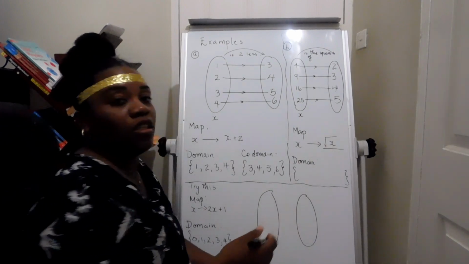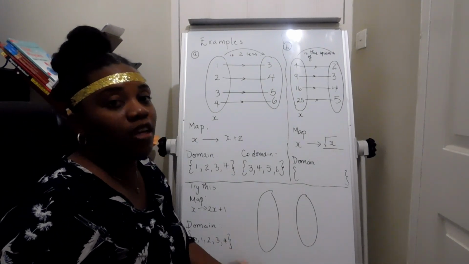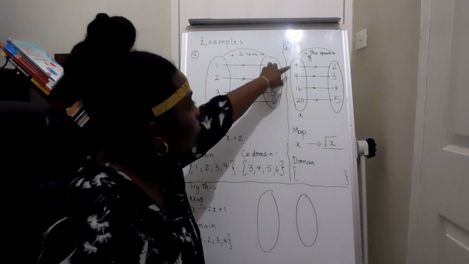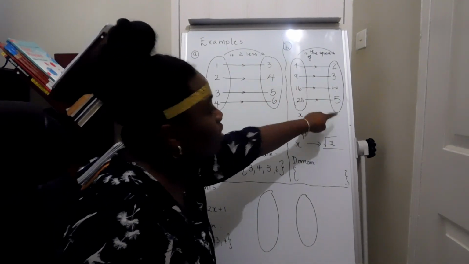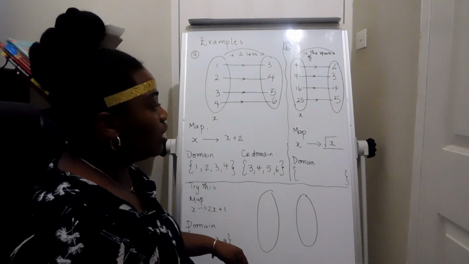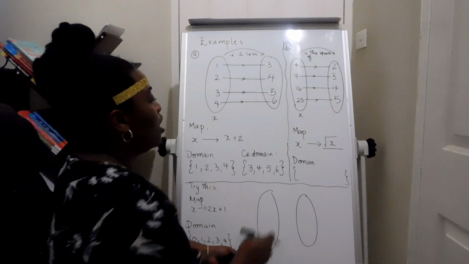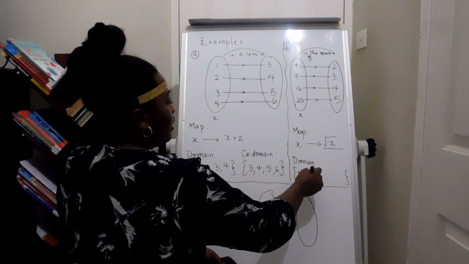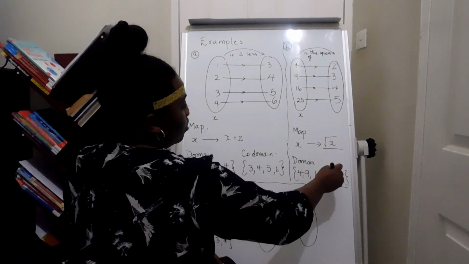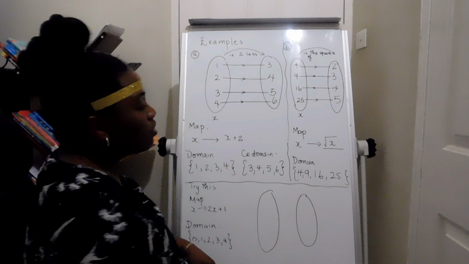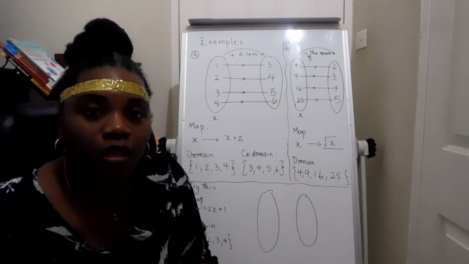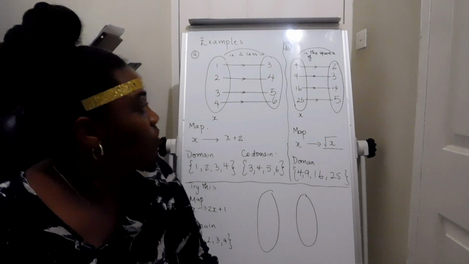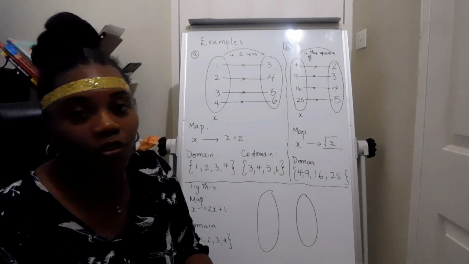Well, sorry, the square root of x would give you whatever is in here. So you have to take the square root of all of these to get whatever is in the other set. So that is what you would have done. And what's the domain here? 4, 9, 16, and 25. I didn't ask for the codomain, but you tell me the codomain. Yes, I'm going to multiply it with you. It's 2, 3, 4, and 5.